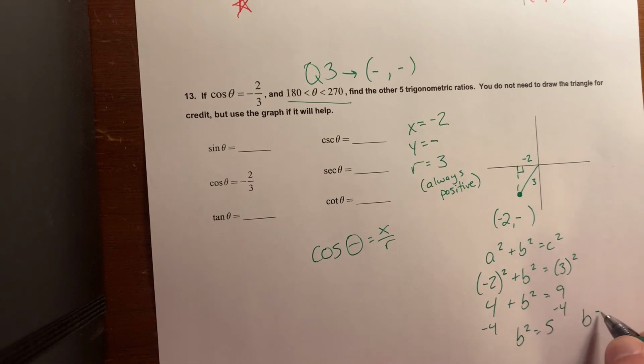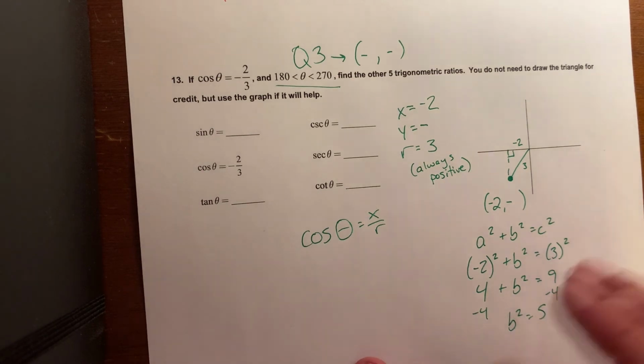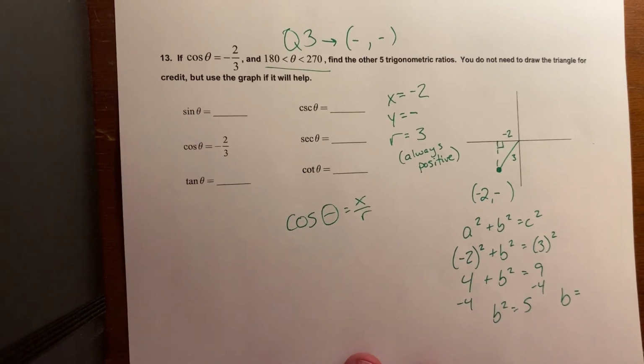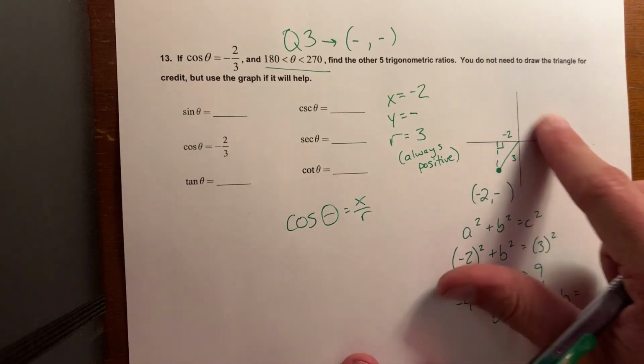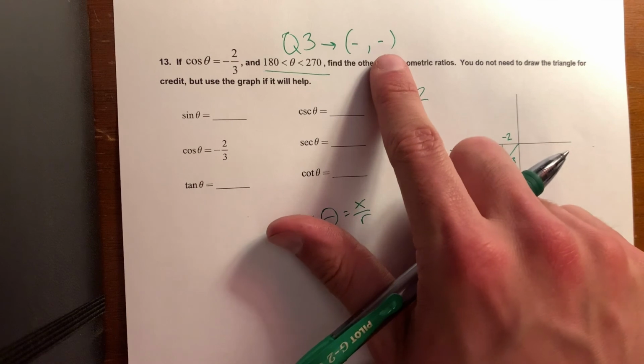So b equals, now here's the tricky part, okay? Typically, when we solve these, like we did on the first page or two when we did Pythagorean theorem, we excluded the negative answer because typically with side lengths of triangles, they're not going to be negative. But when we think about the context of a graph, we do include the negative answer sometimes. And we're definitely going to include it here. Why?